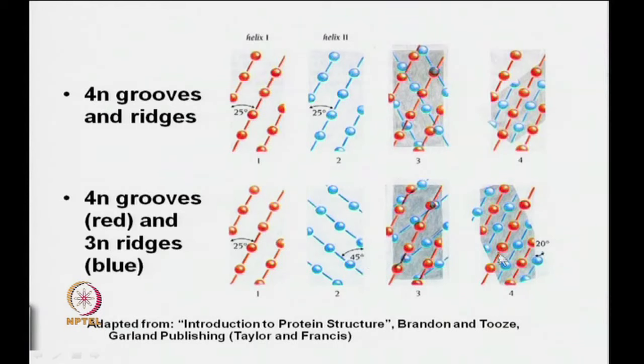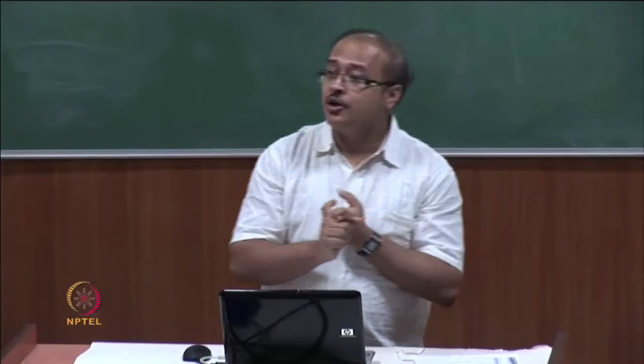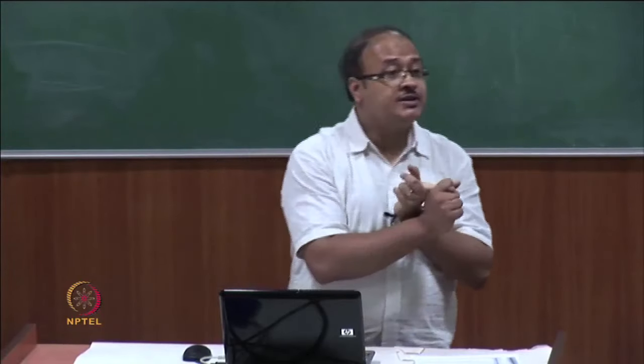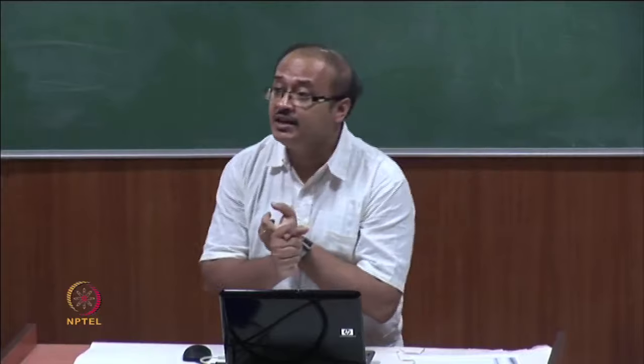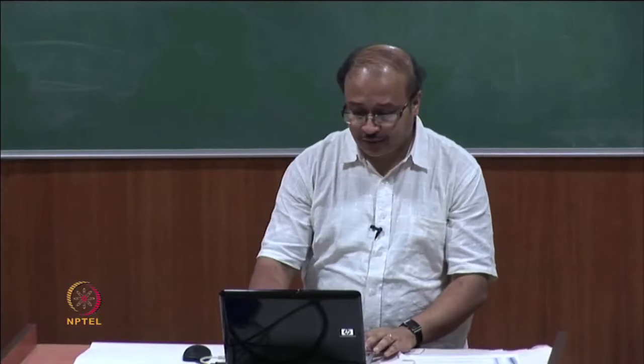So finally, when they are aligned, the angle between them is 20 degrees as opposed to this angle being 50 degrees. So depending upon your 4n-4n or 4n-3n, your orientation and hence the angle between these helices would be different.